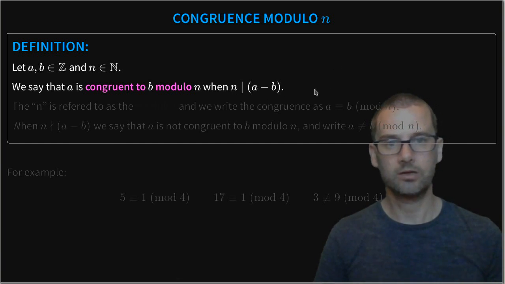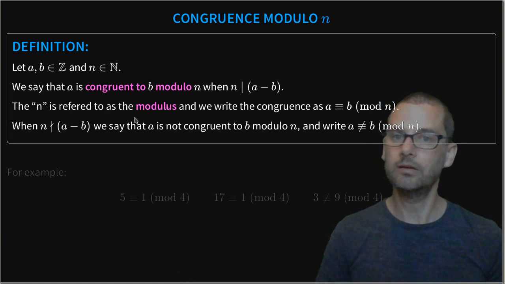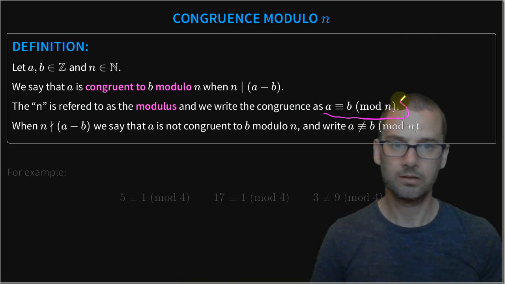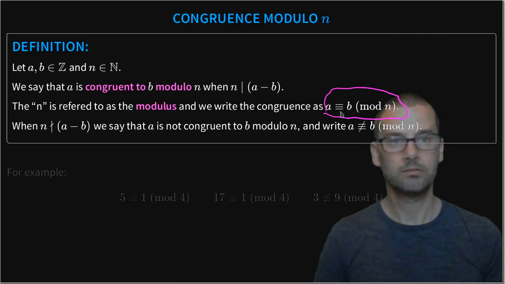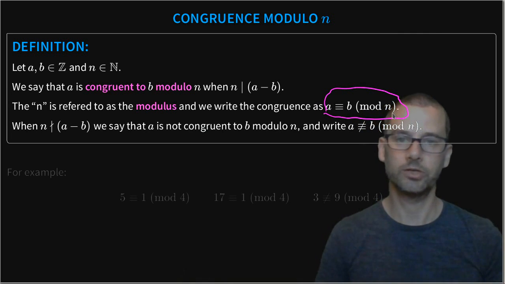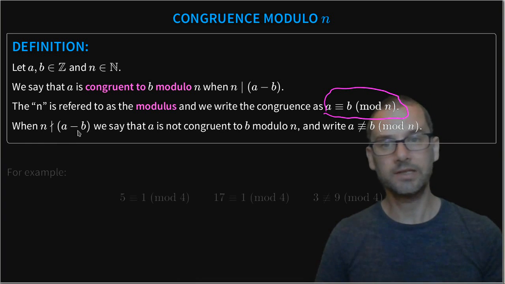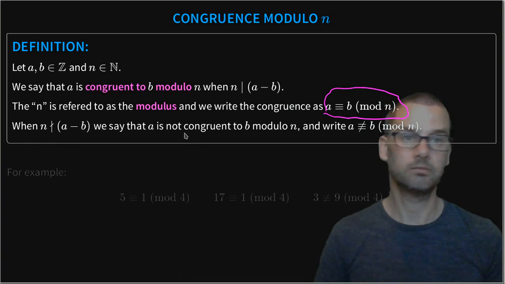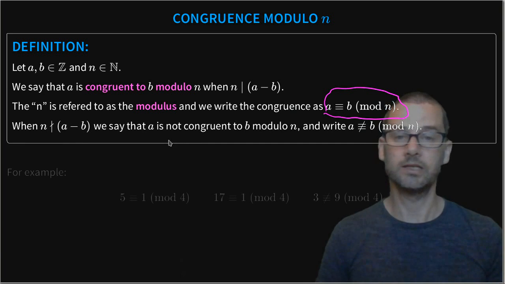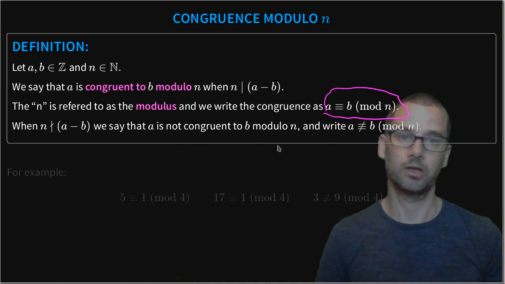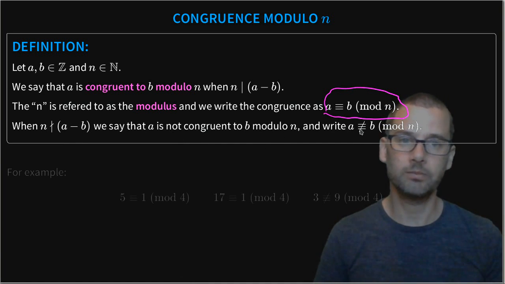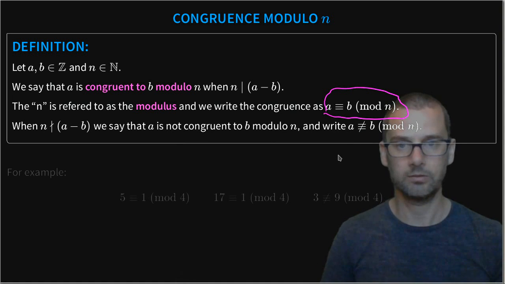Now, in this context, n is called the modulus, and we write this congruence with a triple equals sign: a ≡ b mod n. When n doesn't divide this difference, we say, unsurprisingly, that a is not congruent to b modulo n, and we write the same expression but with a stroke through the triple equal sign.